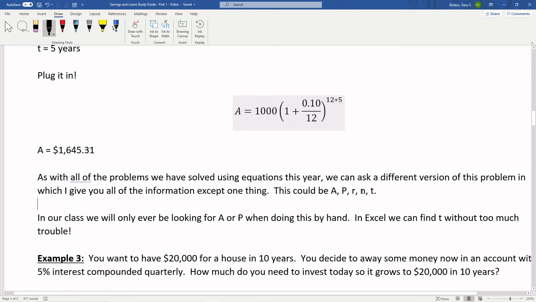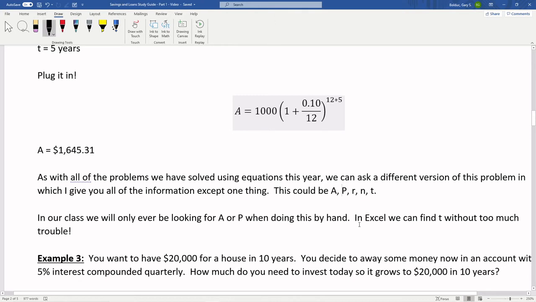And I could leave off any one I wanted. I could say go find A, or in a different problem, go find P, or go find R, or N, or T. Now in this class, by hand, I'm only ever going to ask for A or P.